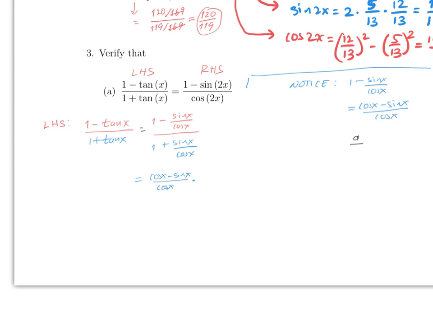By that I mean this: you have a over b divided by c over d. This is the same thing as AD over BC. So therefore, on the bottom, you're going to get now cosine x over cosine x plus sine x.